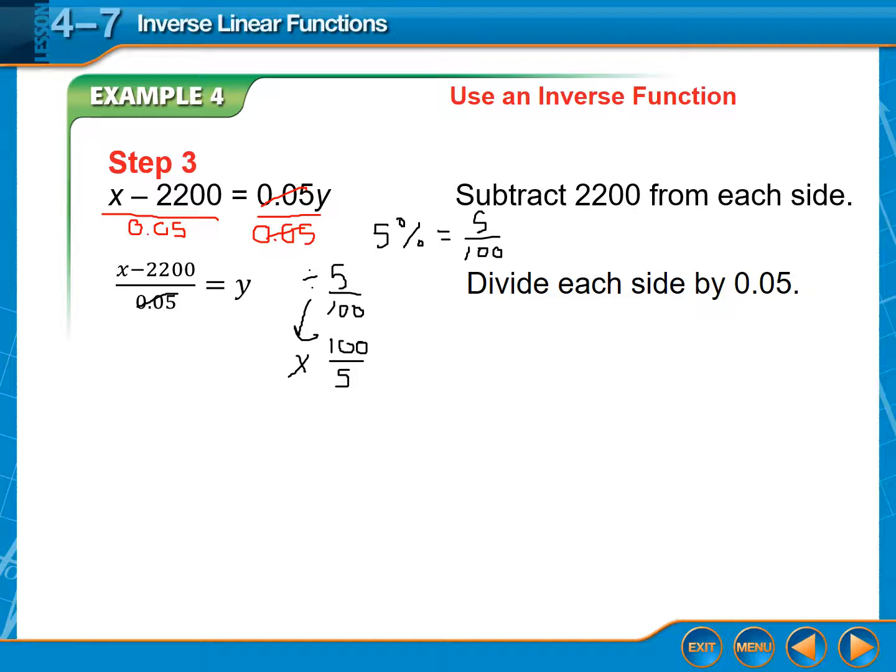Okay? So what am I multiplying both sides by? If I divide by 5 hundredths, I'm actually multiplying by 20. So instead of showing dividing by 0.05, we're actually going to take x minus 2,200 and multiply by 20.